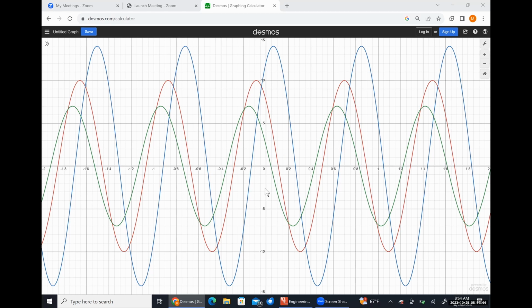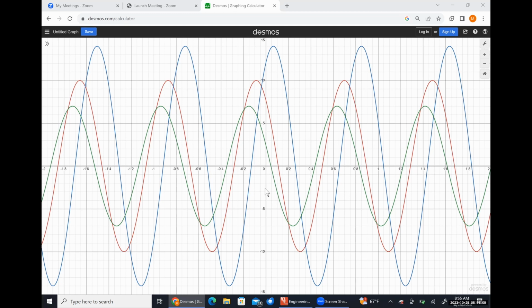Our green signal has also been advanced by some amount, and our blue signal has been delayed by some amount. So we would say that our green signal, VC of t, leads our other 2 signals because it hits its peak value in time earlier than the other 2 signals do.